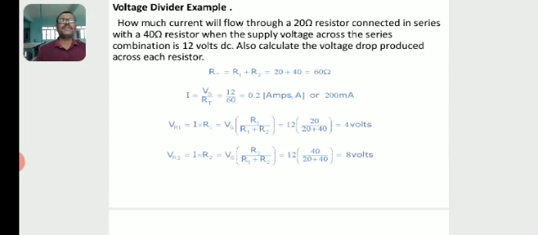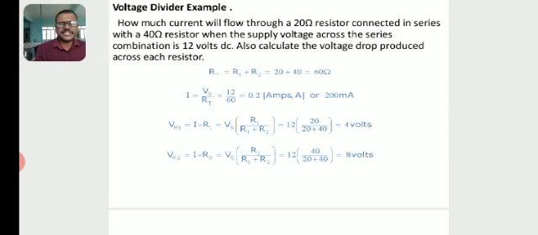So the example for the voltage divider circuit: how much current will flow through a 20 ohm resistor connected in series with a 40 ohm resistor when the supply voltage across the series combination is 12 volts DC? Also calculate the voltage drop produced across each resistor.